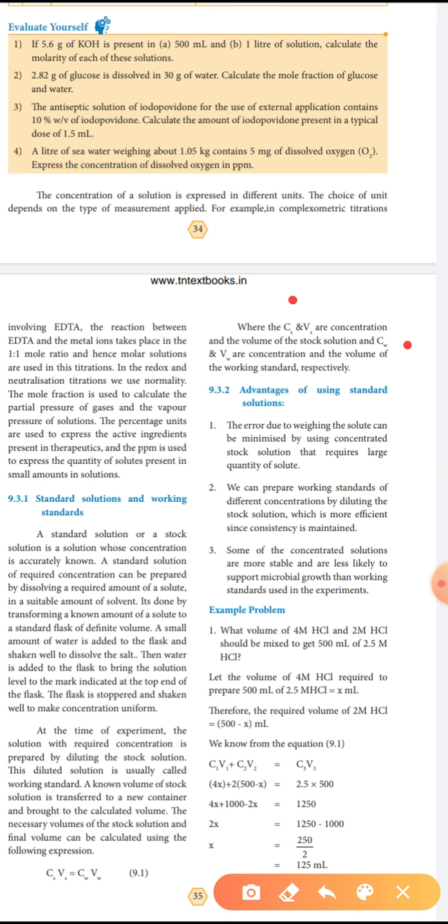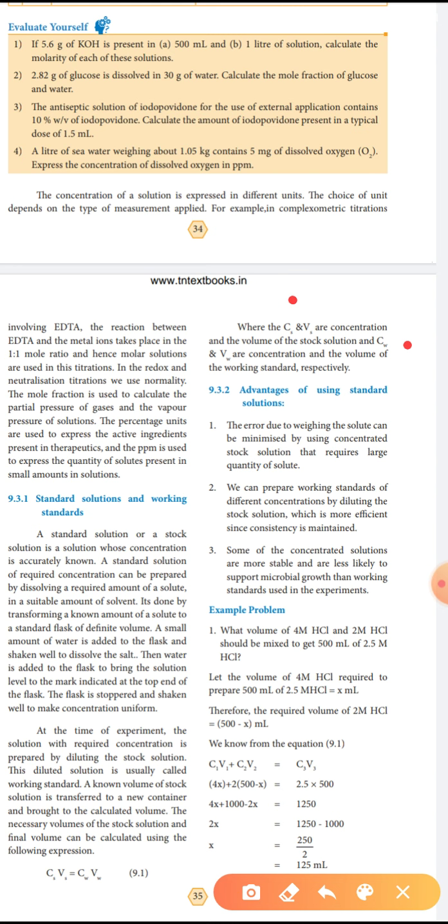Next, advantages of using a standard solution. The error due to weighing the solute can be minimized by using a concentrated stock solution that requires a large quantity of solute. Using a standard solution, we can avoid error in weighing the solute.